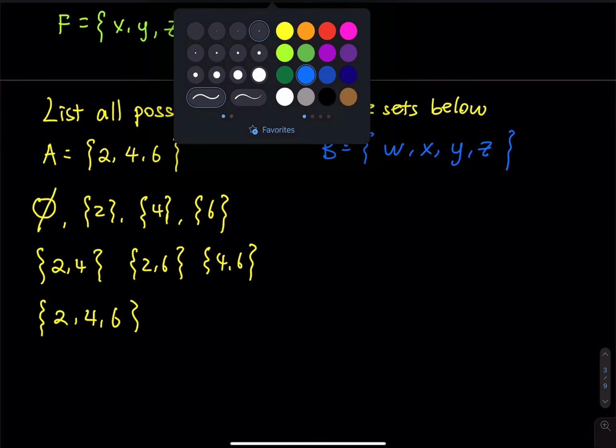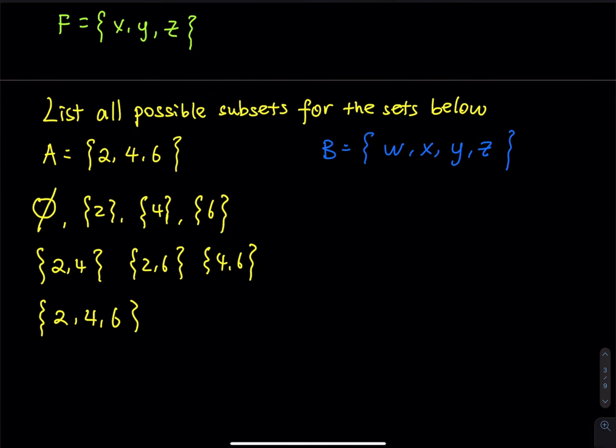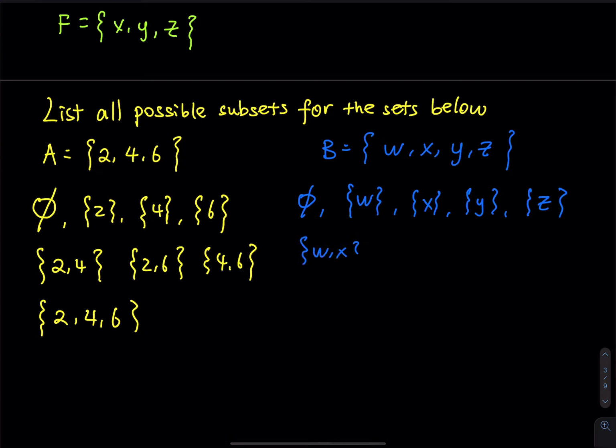All right. B, W, X, Y, and Z. So first, let's consider the empty set. And then we consider 1 element only, W, X, Y, and Z. Okay, 1 element only is done, and then 2 elements only, WX, and then WY, and then WZ.